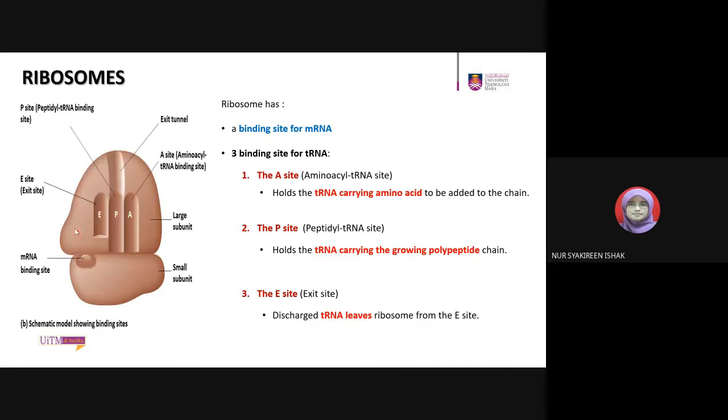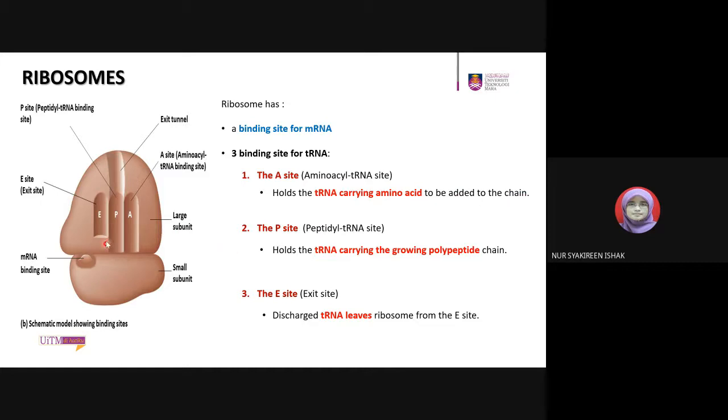For the large ribosomal subunit here, it has three sites: the A site, the P site, and also the E site. A is the amino acid tRNA site. This is where the tRNA that is attached to the amino acid will enter. Kat sini yang akan basically the ribosome will read the codon of the mRNA. So it holds the tRNA carrying the amino acid to be added to the chain.